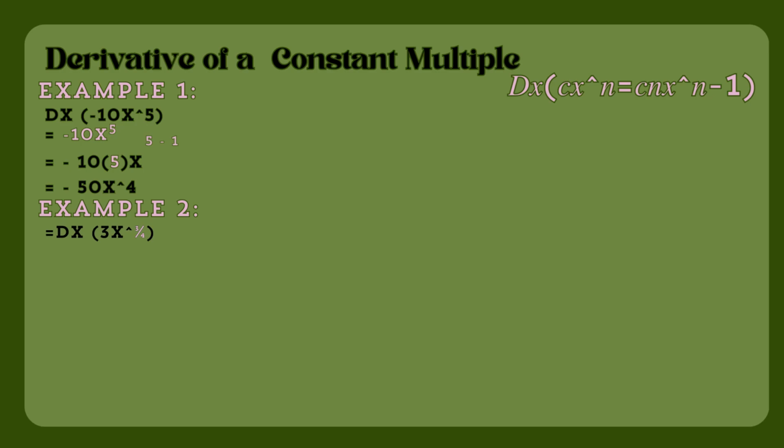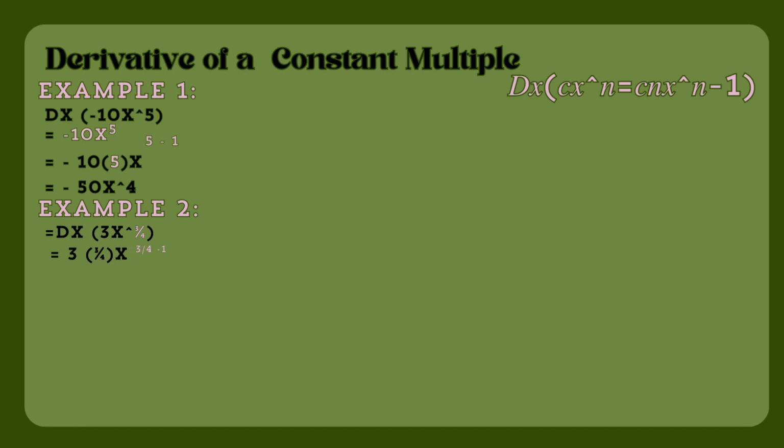So 3 times 3/4 times x raised to 3/4. Oops, don't forget the rule nx raised to n minus 1. So in here, 3/4 minus 1 is equal to negative 1/4. So if we write it out, it will be 3 times 3/4 x raised to 3/4 minus 1.